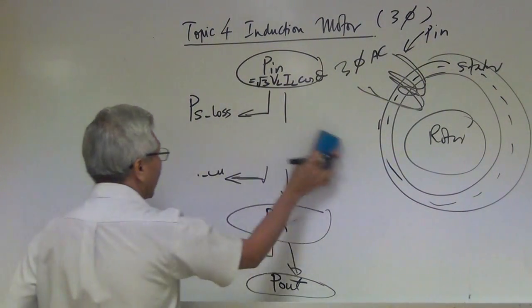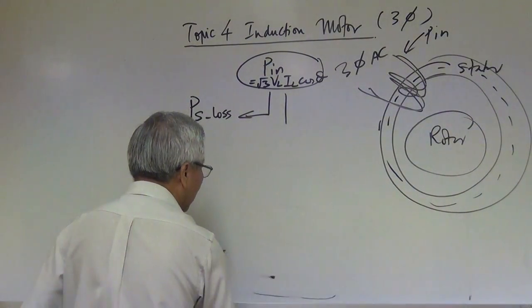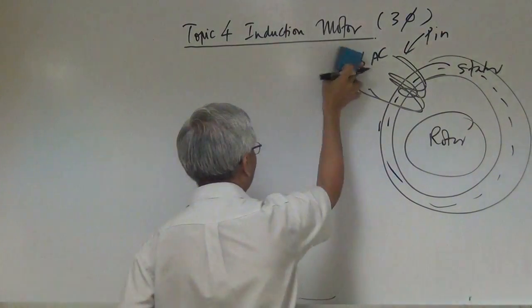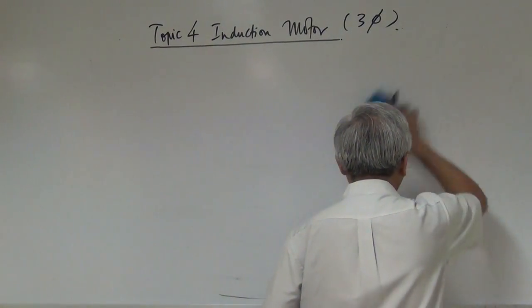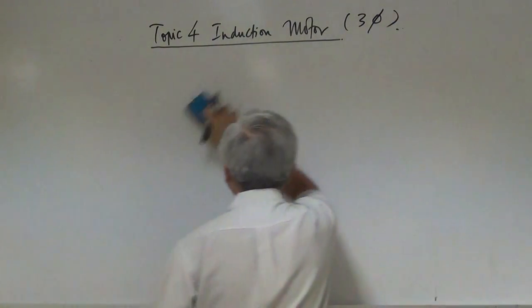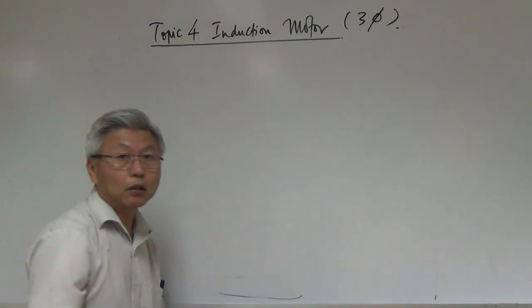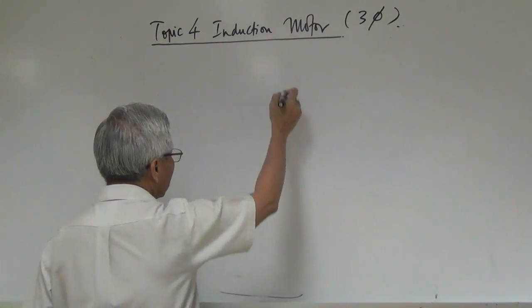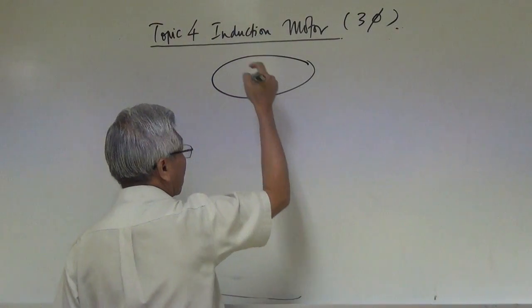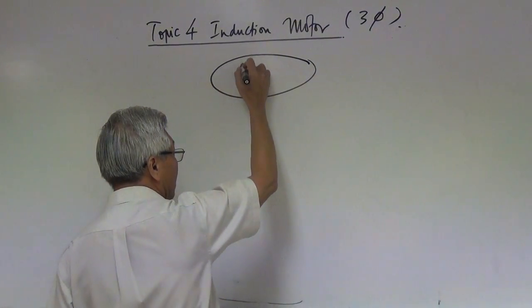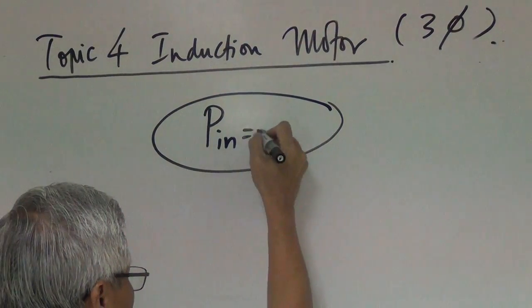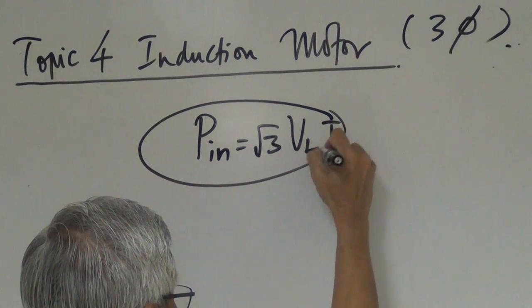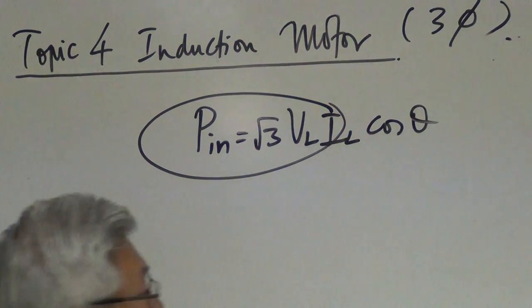Okay? Right, let's try again to see whether we can remember them. Not only must you know the power flow diagram, you must know the so-called name of the power. Otherwise, you cannot map them into the power flow to get the problem solved. Okay, start off. The power goes to the stator. This is called the input power, right? Which is square root 3 VL IL cosine theta.